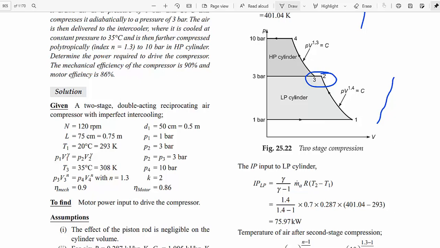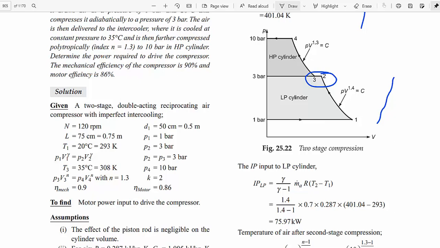Then the HP cylinder receives 2.9 bar pressure instead of 3 bar. Then it compresses the air up to 10 bar. During that process, some overlapping is there.